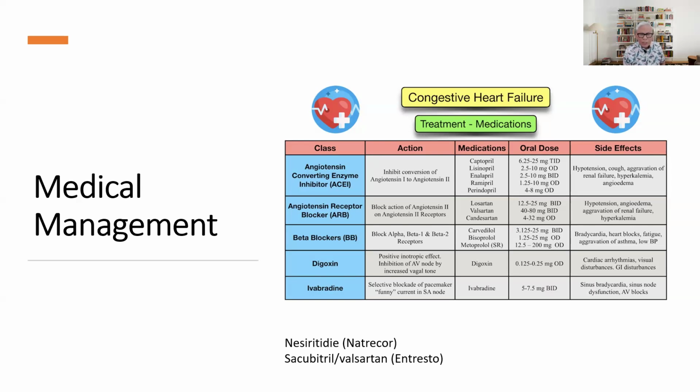Now, usually, because the ACE, the enzyme, is located in the lungs, one of the complications or side effects of patients who receive ACE inhibitors is a non-productive cough. So that's the one thing that I wanted you to remember. This non-productive cough is not a manifestation of something serious.